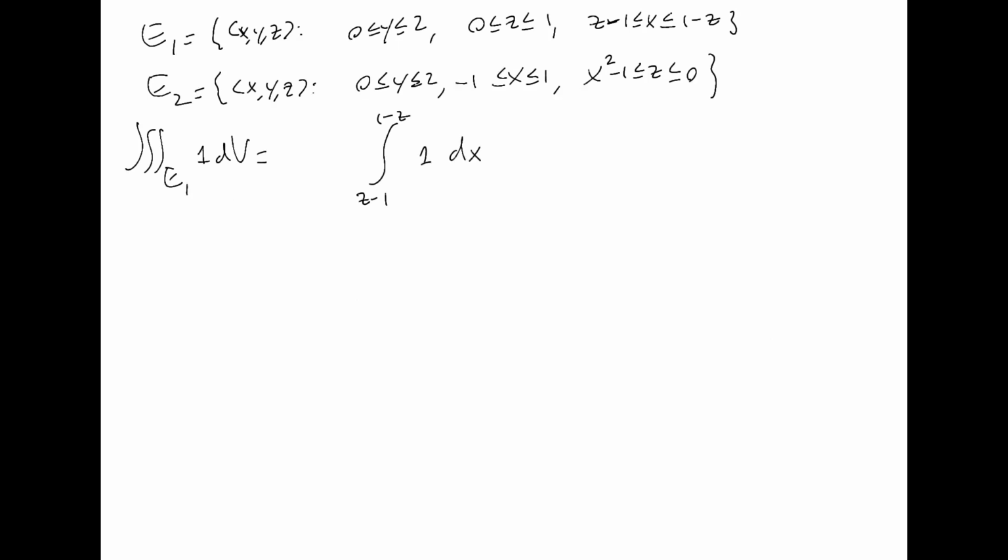And let's say, then with respect to z, z goes from 0 to 1, and then y goes from 0 to 2. So why do I integrate with respect to x first? That's because bounds for x are in terms of z. And the final answer of this integral will be a number. It will not contain any variables.